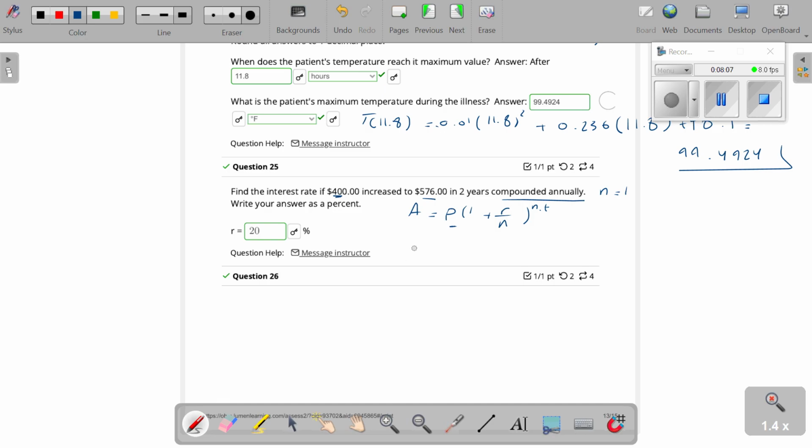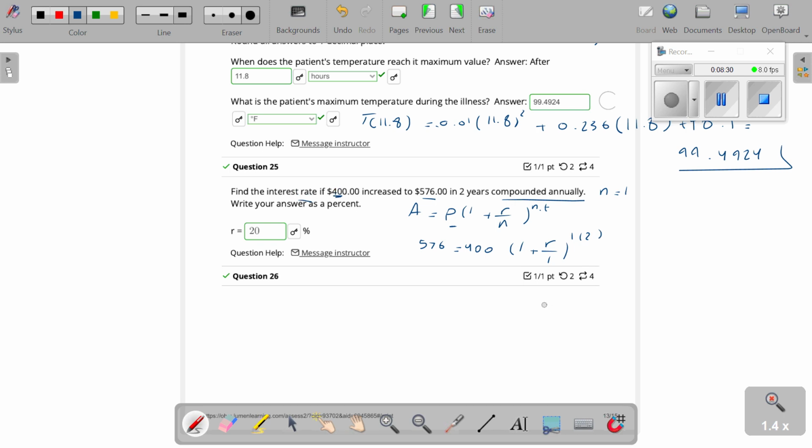So I'm going to write the equation as 576 equals 400 times (1 plus r over 1) to the power of 1 times 2. We're looking for the interest rate, so I'm going to write r here. n is 1, and time is 2 years.